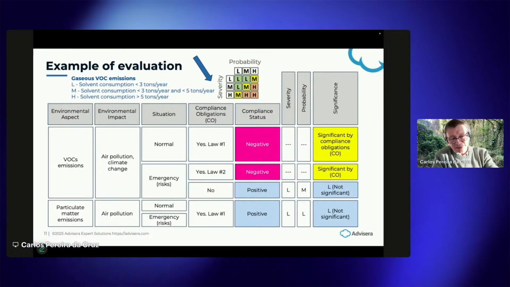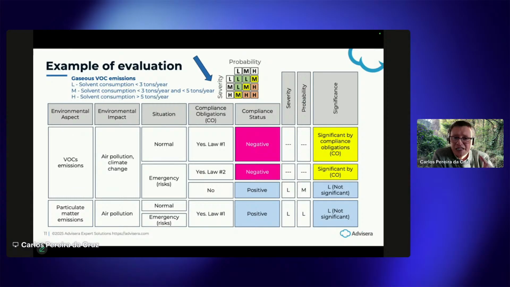This is based on legislation in my country, because there are different requirements for compliance obligations. If your consumption is below 3 tons per year, the requirements are much less than if it is higher than 5 tons per year. It's an example. This way we collect information systematically, and we systematically put here our conclusions regarding compliance status and significance.